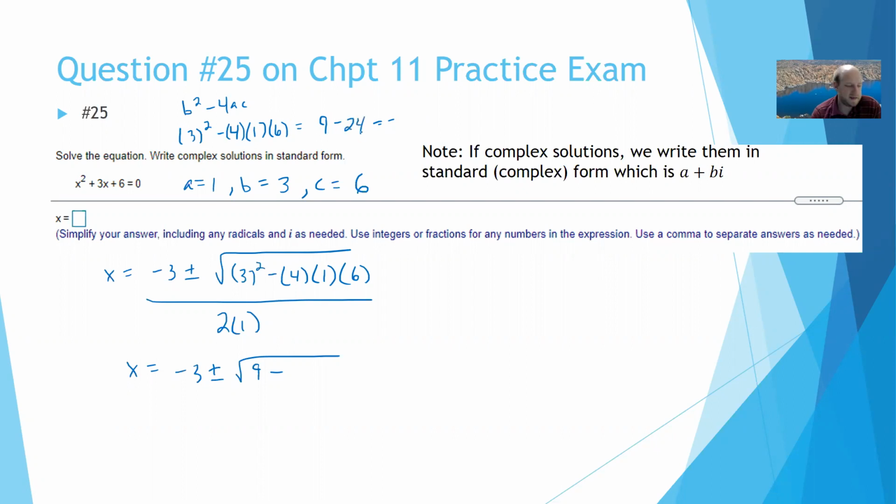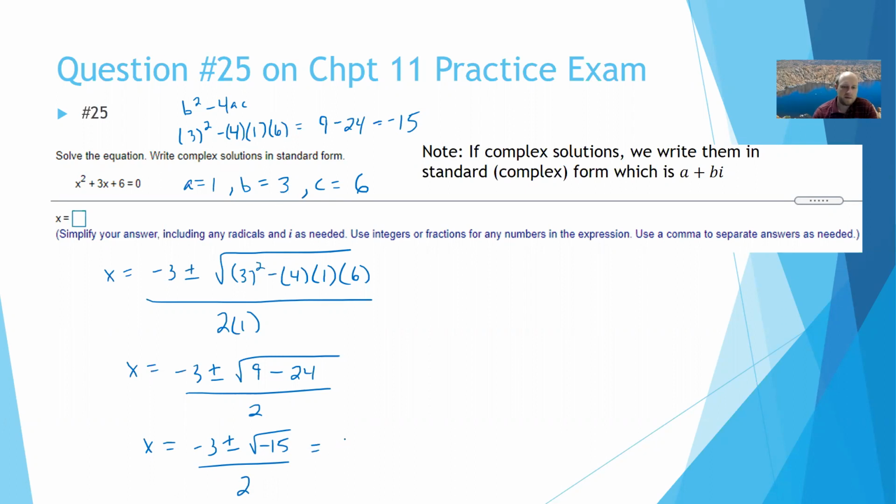This is 9 minus 24, which is actually negative 15. So I have negative 3 plus or minus the square root of negative 15, the same as I got for my discriminant, all over 2.